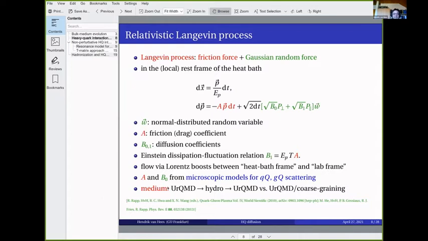And for the medium, this is not for today, but we use the UrQMD hydro hybrid approach, and also UrQMD with coarse graining.